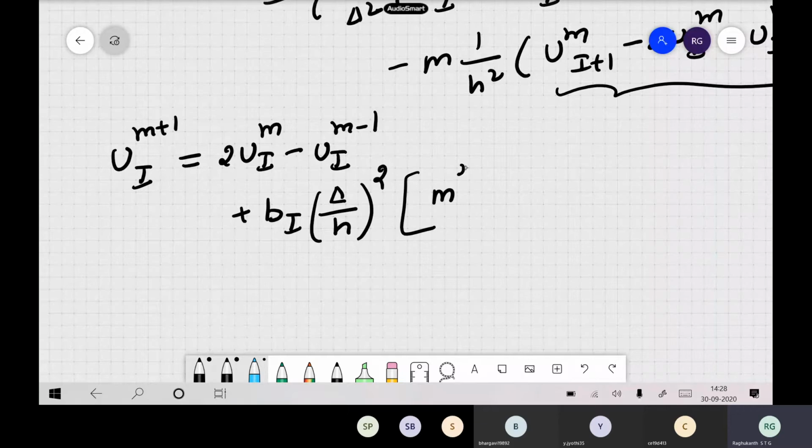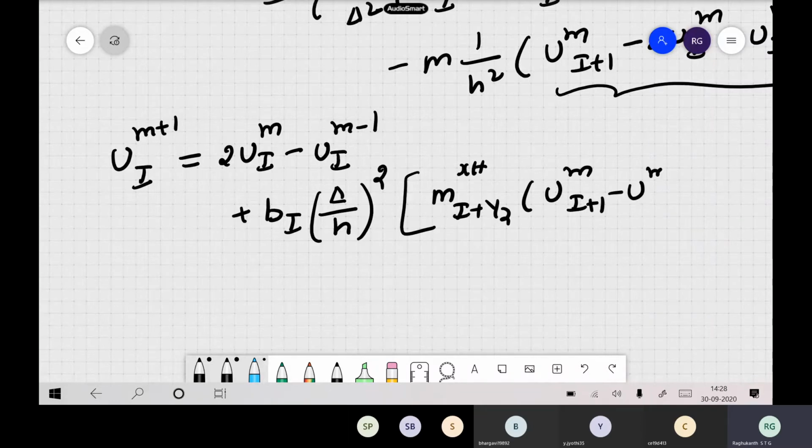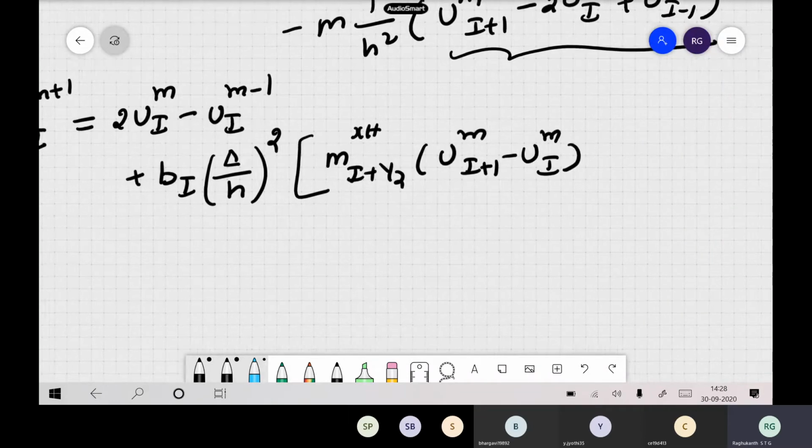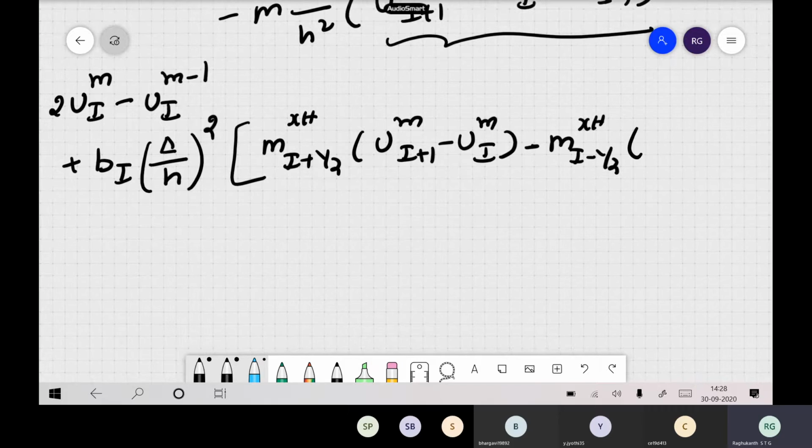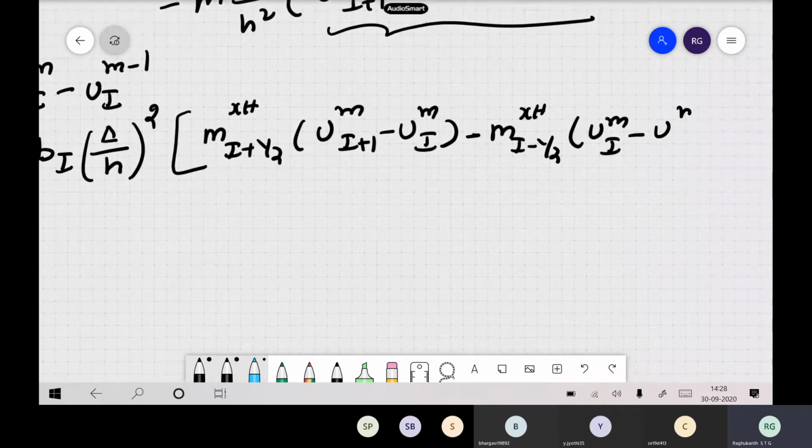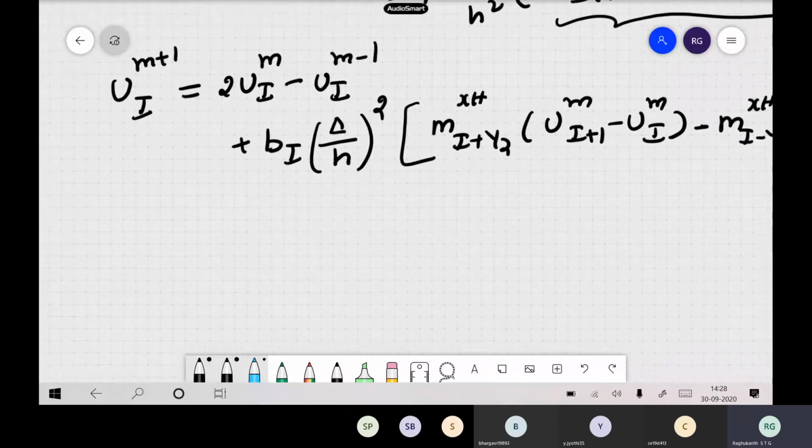So you have these harmonic averages. Okay, i plus half, so u m i plus 1 minus u i m. Okay, so minus your harmonic average, i minus half, u i m minus u i minus 1 m. So this is our expression for the time marching.